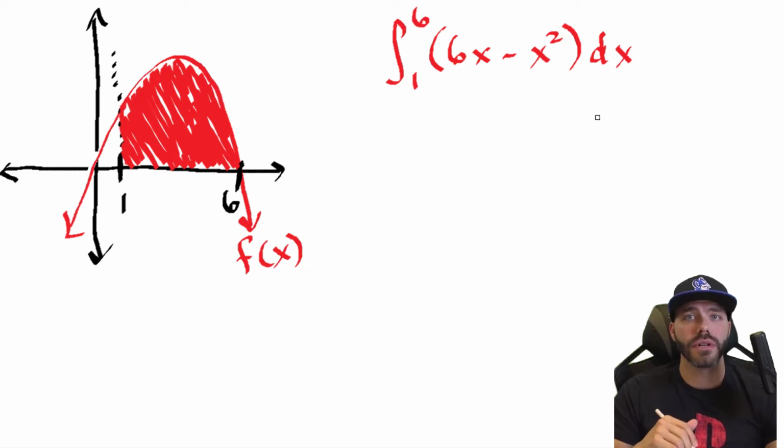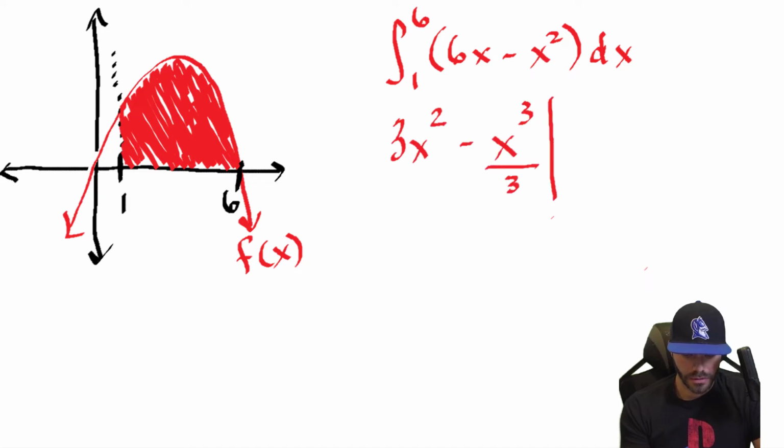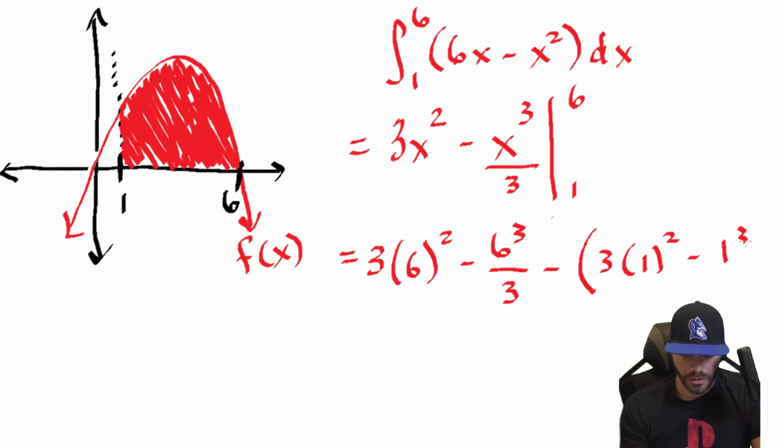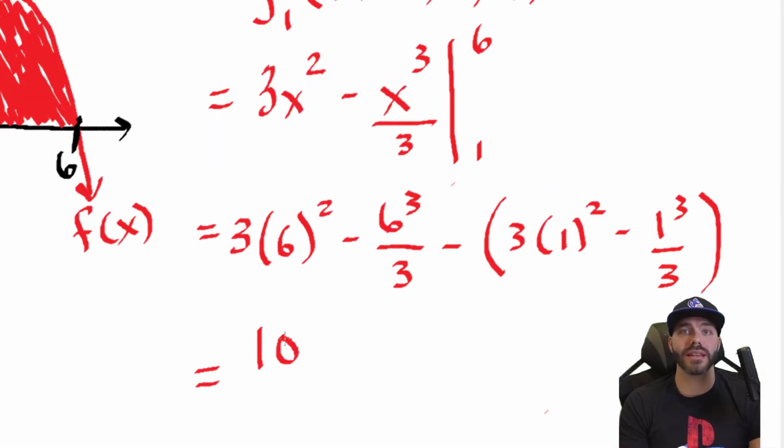Let's go ahead and use the Fundamental Theorem of Calculus to find the area under f of x from 1 to 6. I set up the definite integral. Now let's integrate. Okay, there's our Fundamental Theorem of Calculus being applied, and so the area under f of x from 1 to 6 is this.